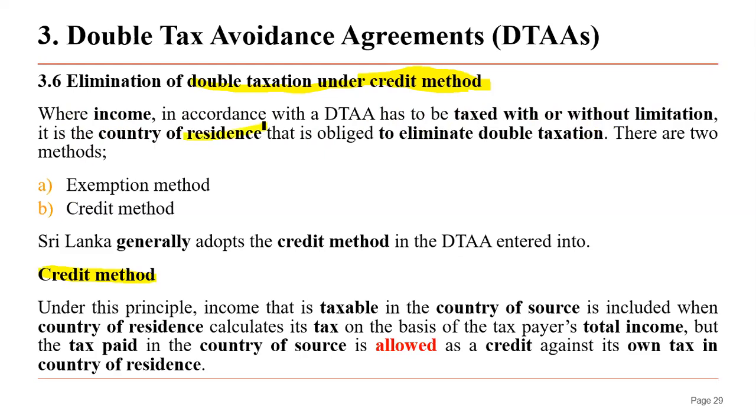The resident principle is used for taxing, then for eliminating double taxation. There are two methods. One is the exemption method. What is the exemption method? If, let's say for dividend, the tax is collected in one country, then the other country need not tax it. This is exempt because they have deducted tax in one country. Then there is no more tax.